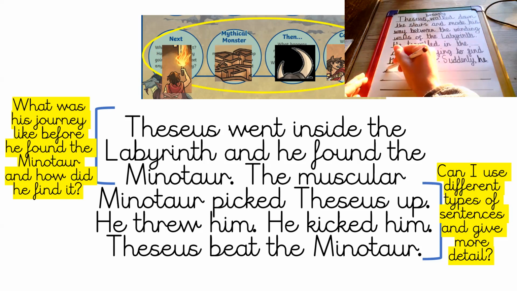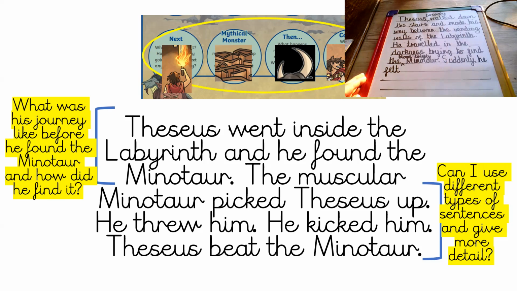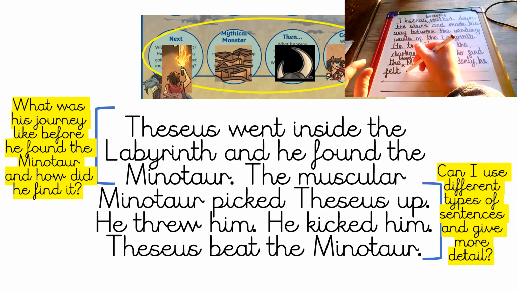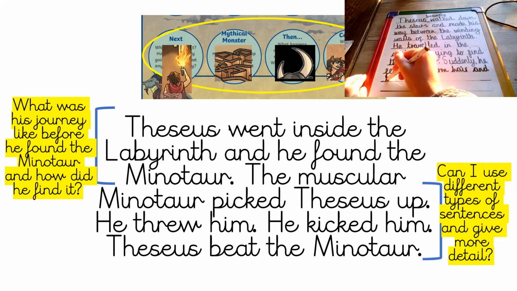He felt. Do you remember some adjectives to describe the horns? Well done, bony. He felt, oh, and remember that other wild word, wiry. He felt wiry, warm hair and bony horns.